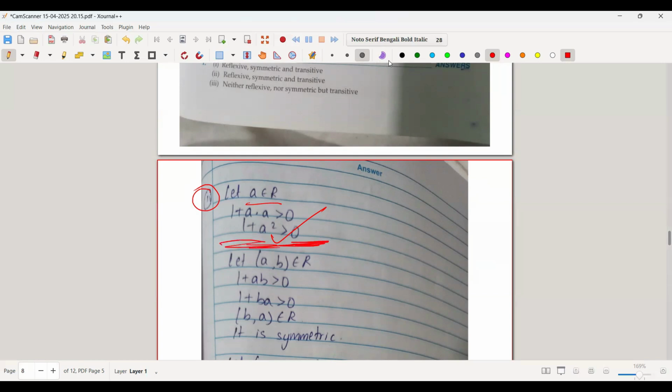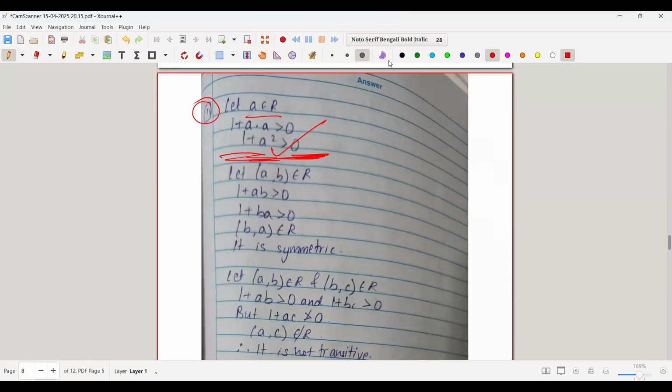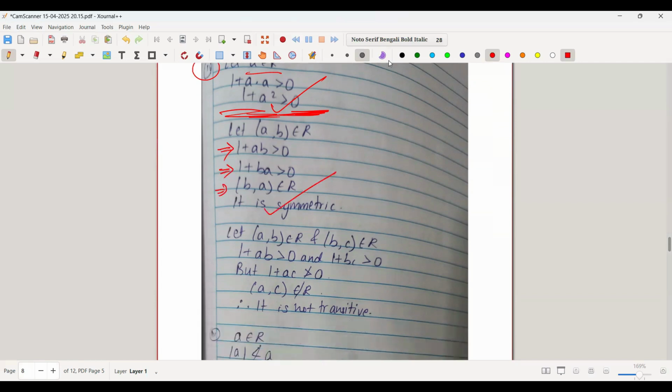Let (a, b) belong to R. 1 plus ab is greater than 0, and this implies 1 plus ba is greater than 0, and (b, a) belongs to R. It is symmetric. You have to write this implies sign.